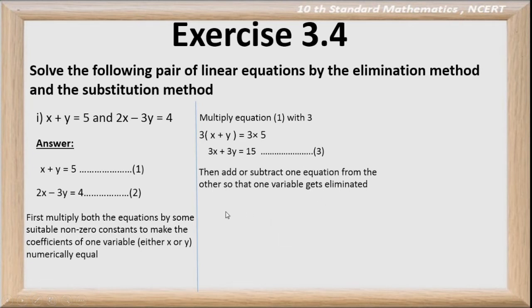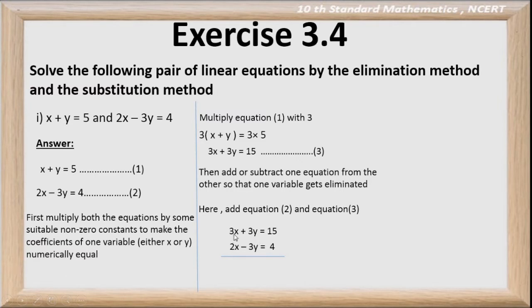Here I am going to add equations 2 and 3. Now we can write the third equation 3x plus 3y equal to 15, and the second equation 2x minus 3y equal to 4. We can add.